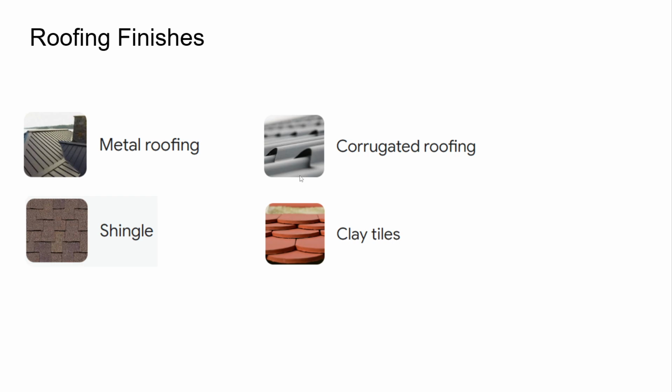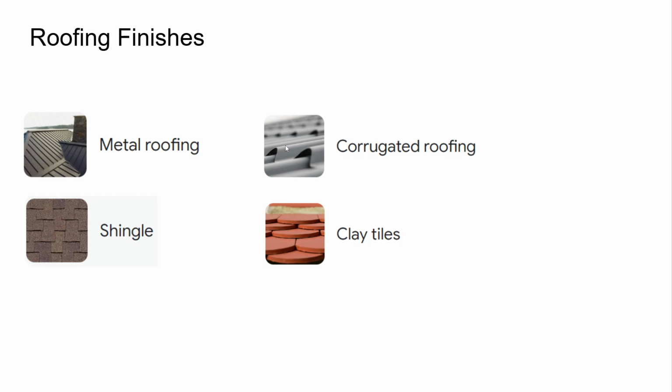Okay, and finally we have some typical roofing finishes. There's metal roofing, which if done right can be very energy efficient. There's corrugated roofing, which usually is very quick and easy to put on, but it has real sound issues and heat issues unless you do it very, very well.